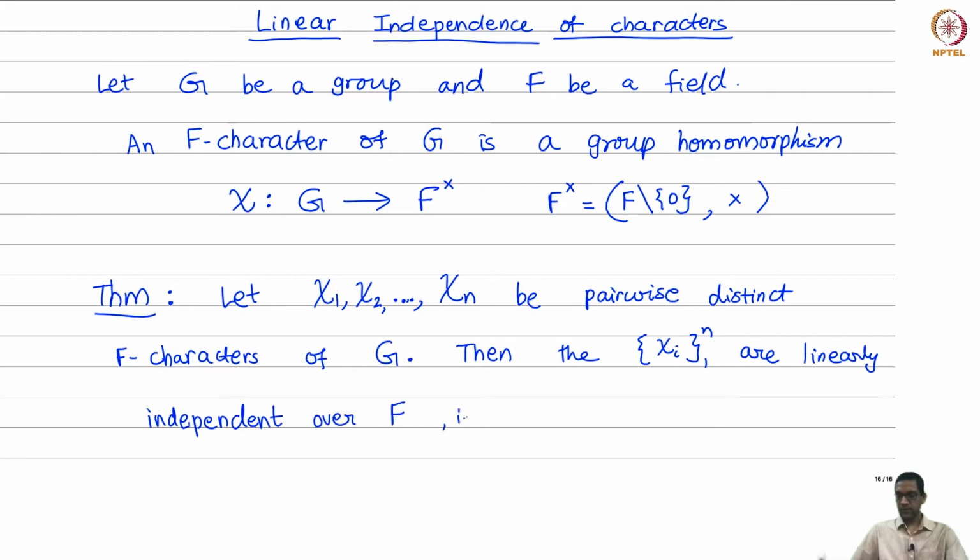Okay, in other words, if I take a linear combination, summation ai chi i equal to 0, okay, so what are these now? The chi i's are all interpreted as functions from the group G to the field F, and when I say summation, I just mean pointwise summation for some ai.